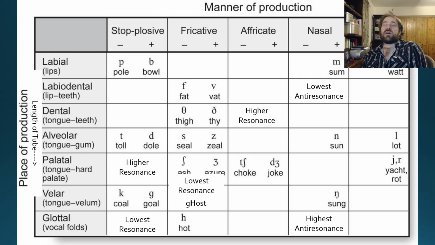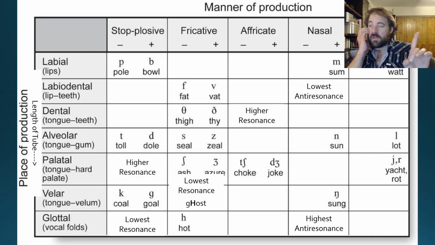Okay. You get high resonance with T and D. You get lower resonance with K and G, but you also remember you get that shape of a lower one and a middle one. Fricatives, your lowest resonance is going to be, don't worry about H, because it retains the formants of what vowel you're going into.